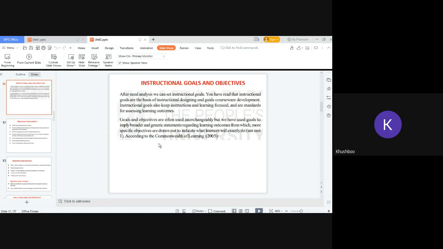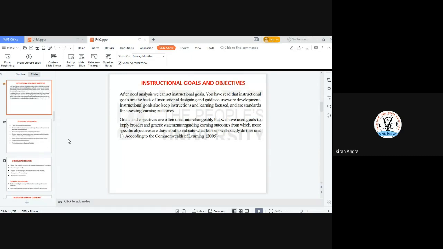I think so. Yes. What is the goal of our whole MES 134? A goal implies a broader and generic statement regarding what should be the outcome for these PGDET students, while the objectives are very specific, because before starting any unit they give you some objectives which will lead to the goal.